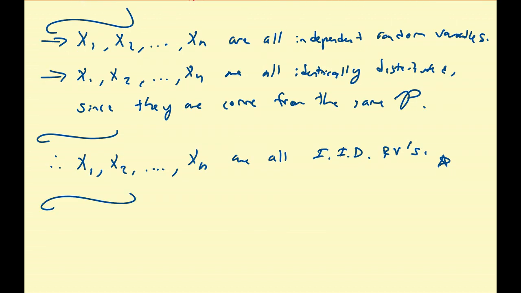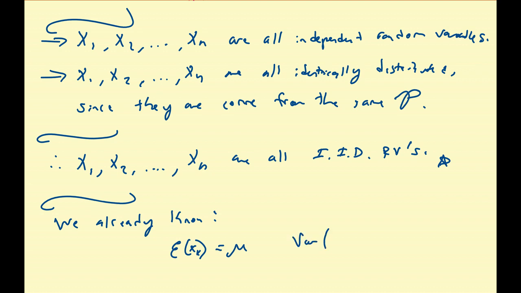So what else can we say? From the previous videos, we already know two important conclusions. Firstly, the expected value of x is equal to mu, and that's going to be true for all values x.